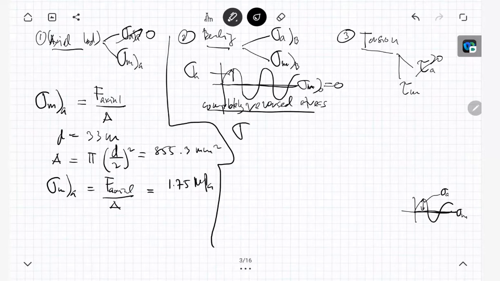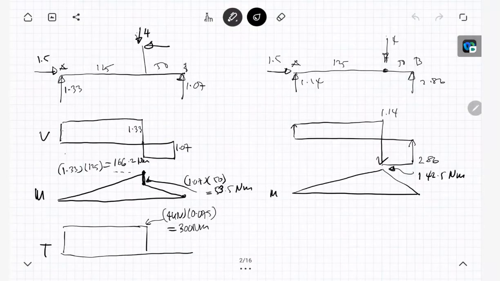So sigma A for bending, alternating, equal to 32 moment over pi d cubed. So what is the moment? So combination of the moment, kita ada, so in the middle, so assume that we looked at in the middle at the gears is the critical point.